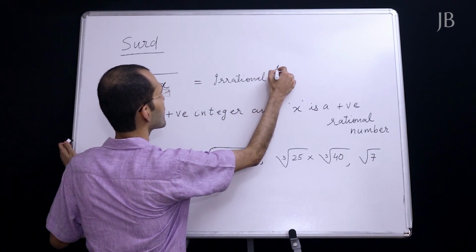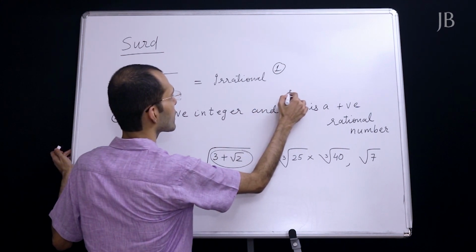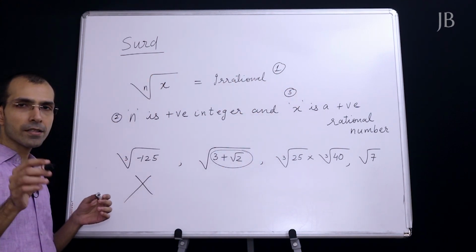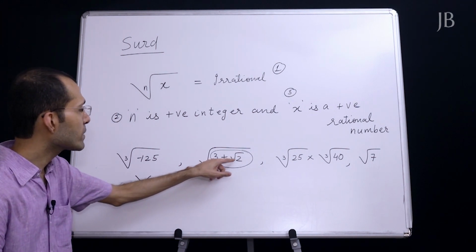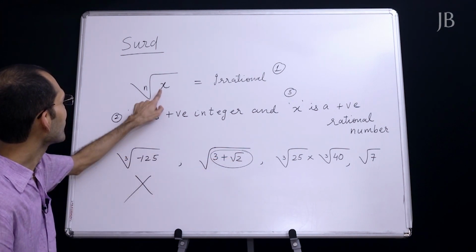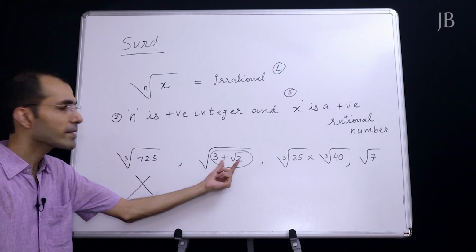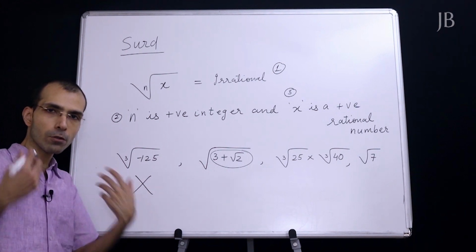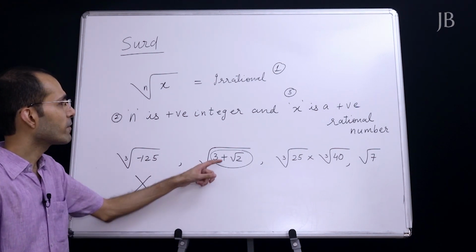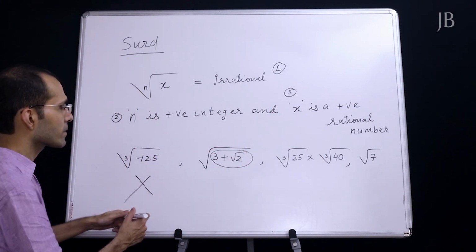This is the first condition, this is the second condition, and this is the third condition. If any one of the conditions is violated, it is not a surd. Here x has to be rational, but this quantity is irrational because root 2 is irrational. If I add 3 to it, that also will be irrational. So it violates this condition. Gone. So this is not a surd.